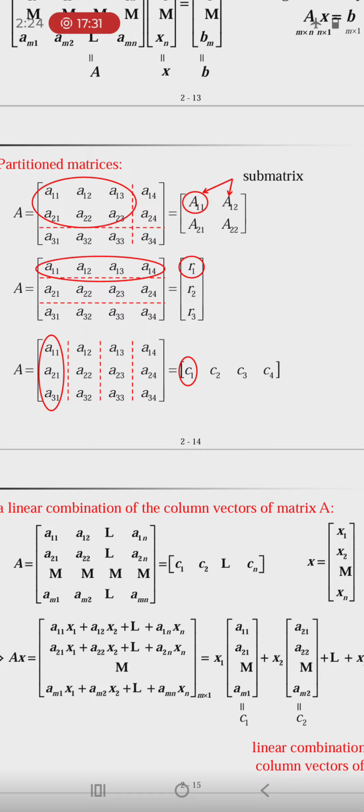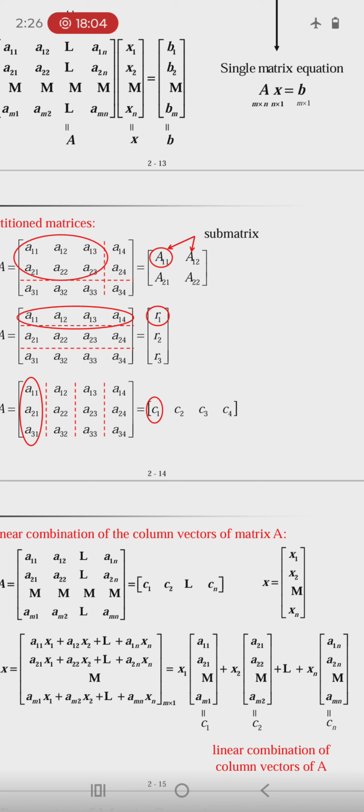Plus, in the next column, x2 is common, so take it outside and write the coefficient values inside the matrix: A12, A22, etc., AM2. Plus etc. Then for the last column, xn is common, so take it outside and write the coefficient values inside the matrix: A1n, A2n, etc., AMn. So Ax is a linear combination of the column vectors of matrix A.